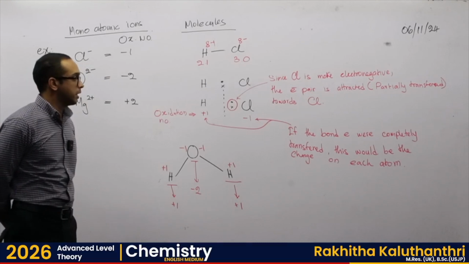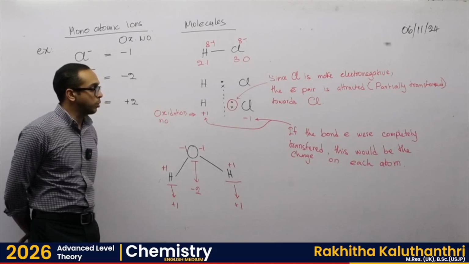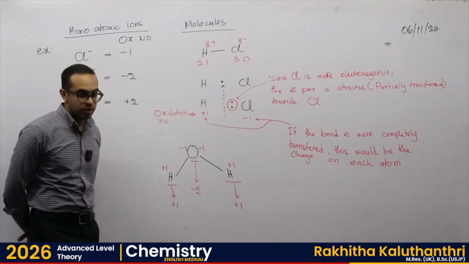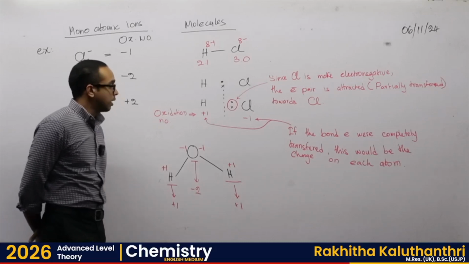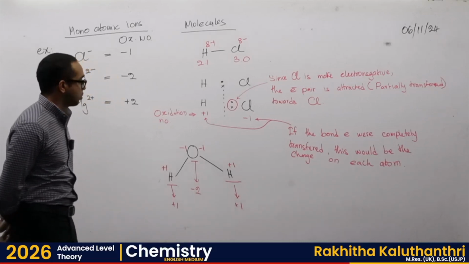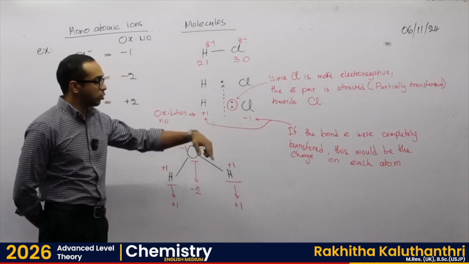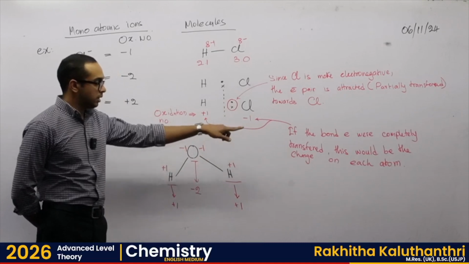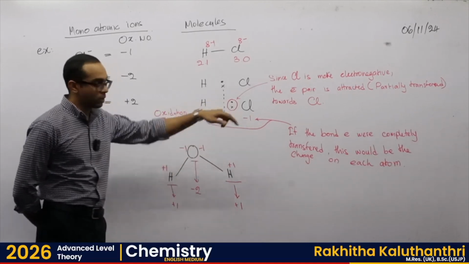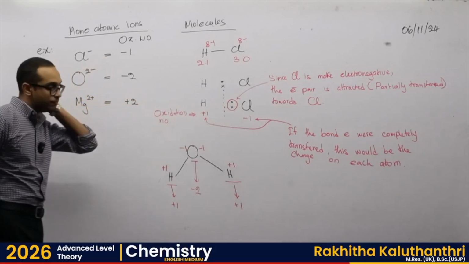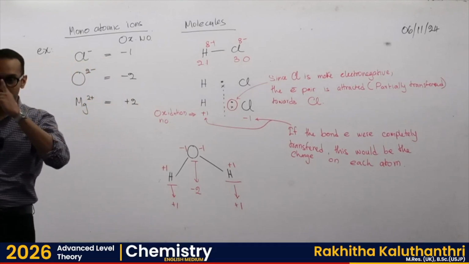So the first sentence reads, since chlorine is more electronegative, the electron pair is attracted towards chlorine. Within brackets is partially transferred. And when it comes to the next part, these are the oxidation numbers of hydrogen and chlorine here, and then I have indicated if the bond electrons were completely transferred, this would be the charge on each atom. These are the charges on each atom if the electrons were completely transferred, but they were not, right? That's why we use the word if.